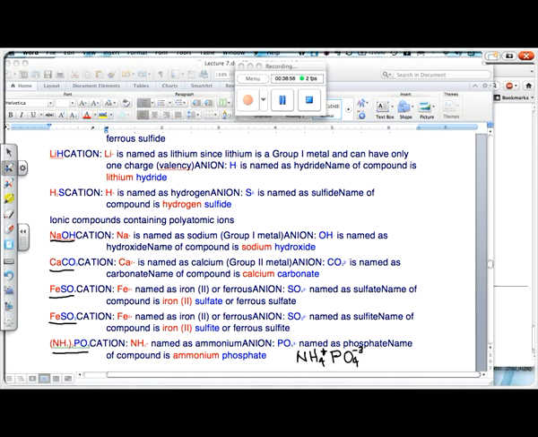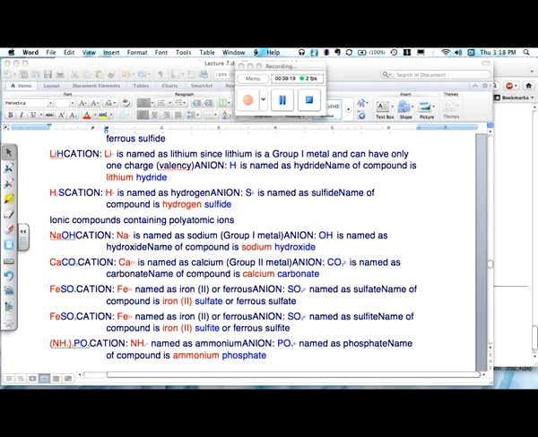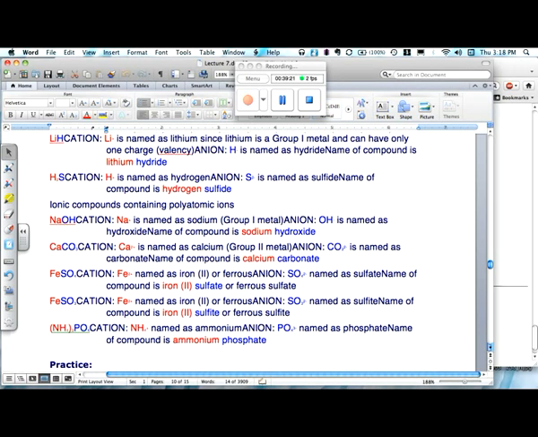The way that I do that with polyatomic ions, I put in the parentheses and I put a little 3 on the outside. We've talked about what that means previously in the course. It means you got 12 hydrogens and 3 nitrogens, but it really means also that I have 3 +1s to cancel out that -3. Ammonium phosphate. You don't have to change anything when you're dealing with polyatomic ions.